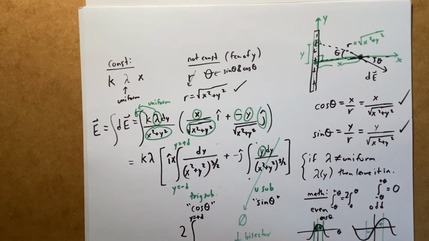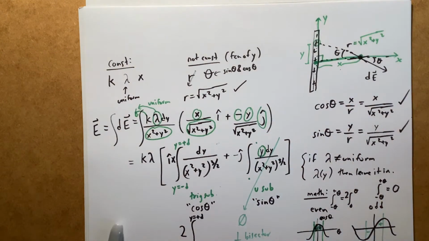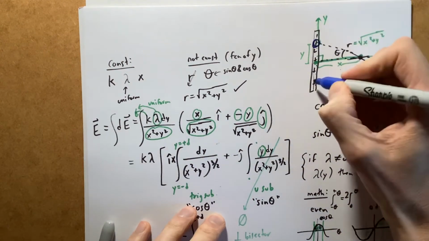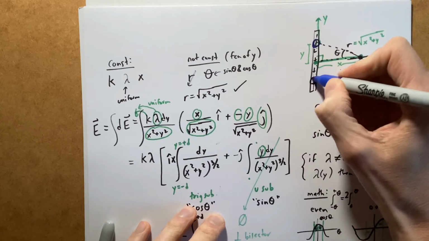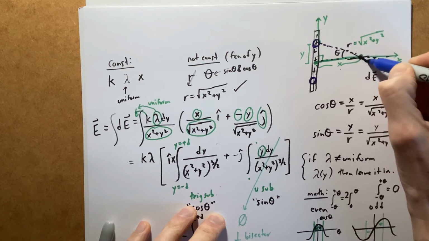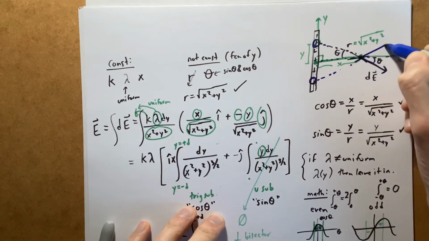Now, if you don't like that math interpretation, let's think physics-wise. If you go over here and look at this particular diagram, let's think about pairs of dq's, one on this side and one on this side, exactly the same distance away. So if this one contributes a dE like this, this one's going to contribute a dE just like this.